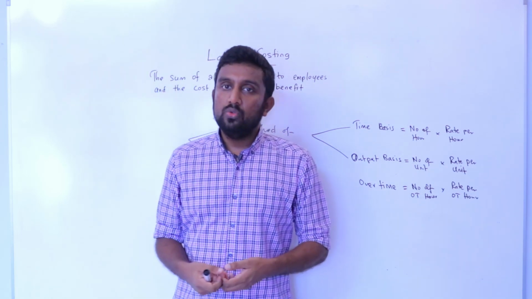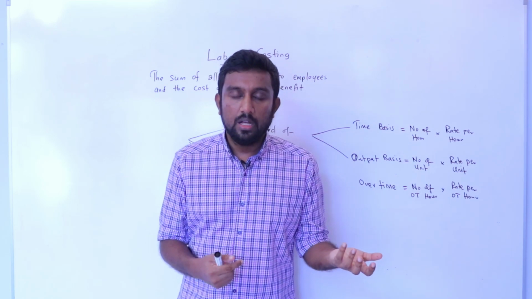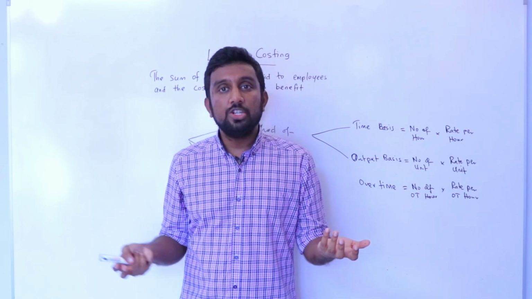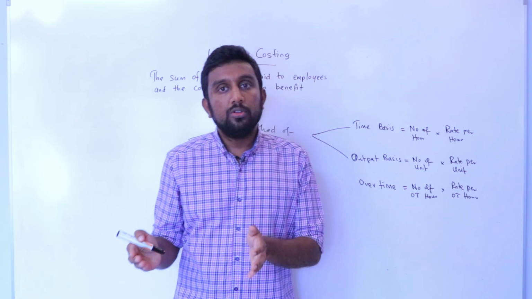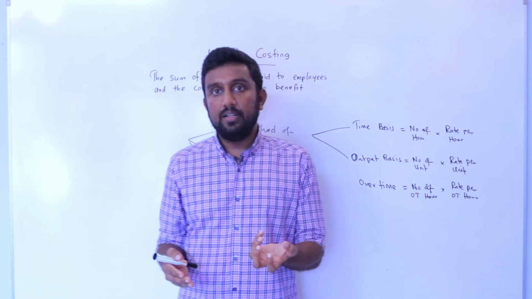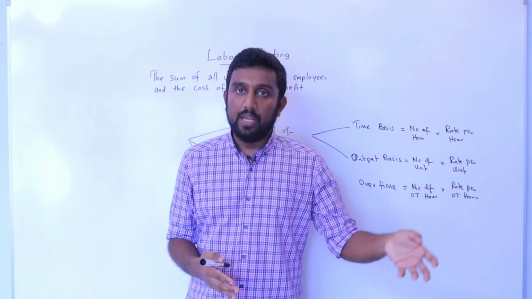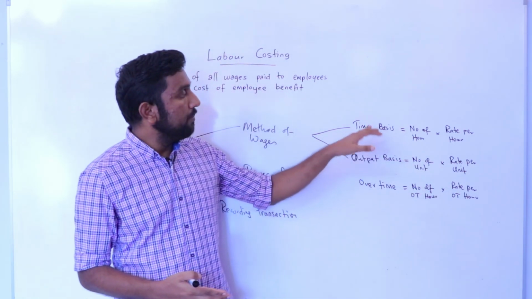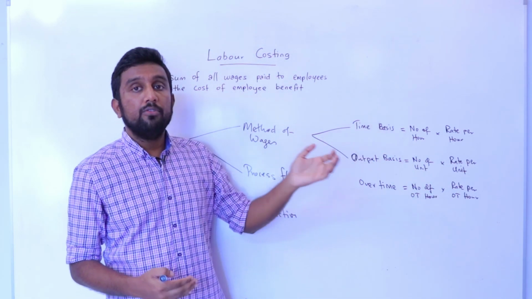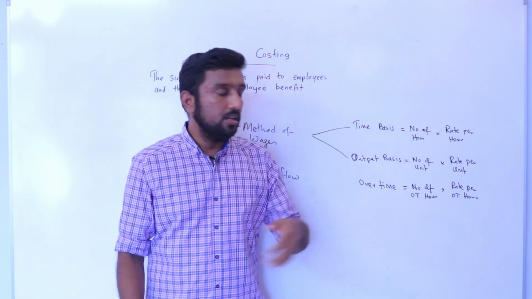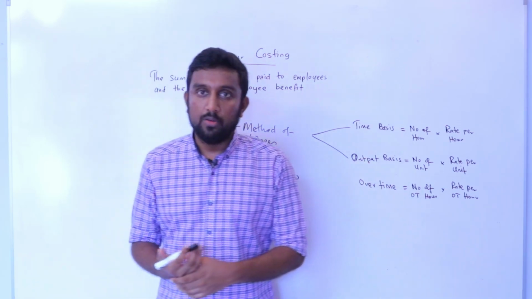For that, what will they do? They will pay for 8 hours plus they will pay for the additional 200 units. They won't pay for 1000 units because 800 is their target, which has to be produced within those 8 hours, right? So 8 hours they will pay based on the time basis. And for the additional units, which is 200, they will pay based on the output basis.